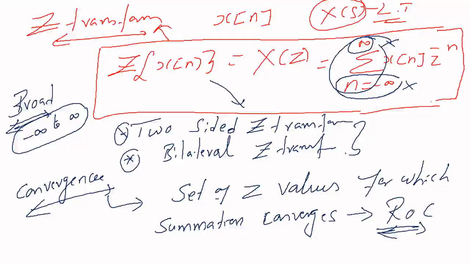So keep it in mind, this region of convergence will be an annular region in a complex Z plane.